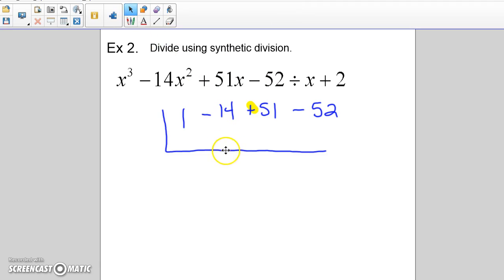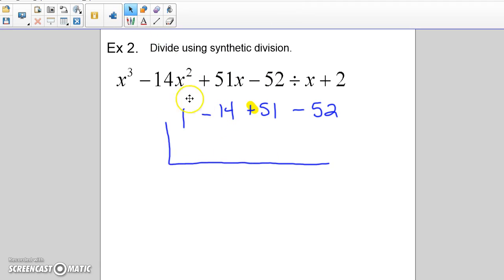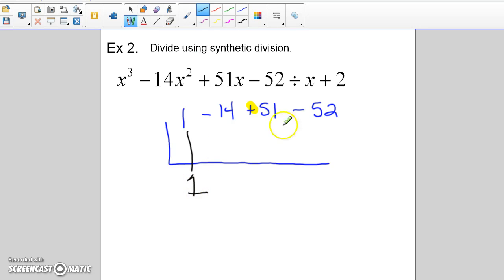Next, I'm going to move this down a little bit so I have room to write underneath. Okay, I draw an arrow and I write that 1 down. I need to take care of this. That's a plus 2. When I do synthetic division, I write it out here as a minus 2. So now I go through and I say, what is negative 2 times 1?